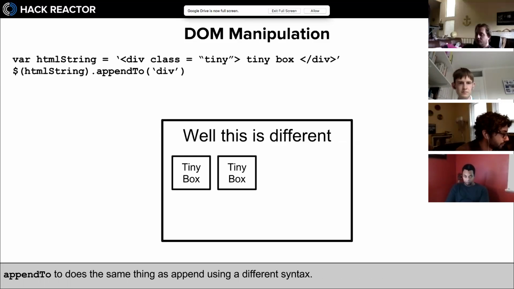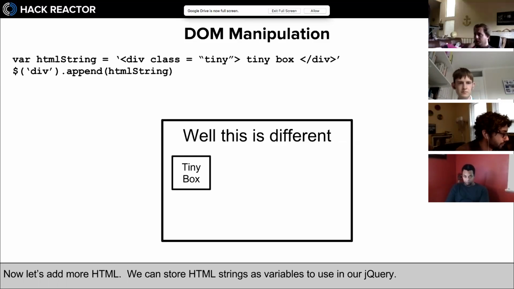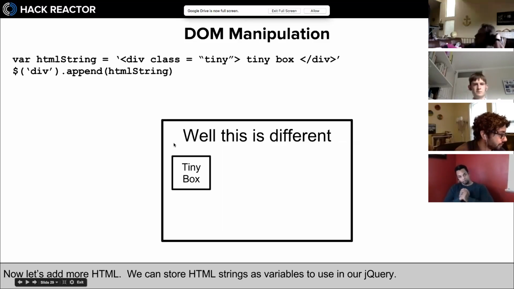Cool. So there's different ways to do the same things in jQuery. And there's no right or wrong or better way a lot of the time. It's more so just a stylistic preference. So for instance, when we call div.append(HTML string), what happened behind the scenes is that it added this tiny box to the bottom of the div.